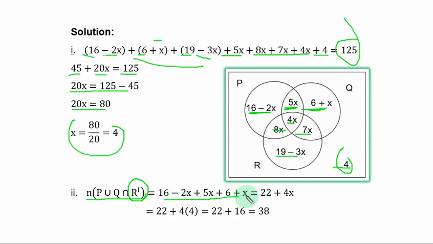So that simplifies to 22 plus 4s, and s is 4. So you have 22 plus 4 times 4 equal to 22 plus 16, and that is 38.